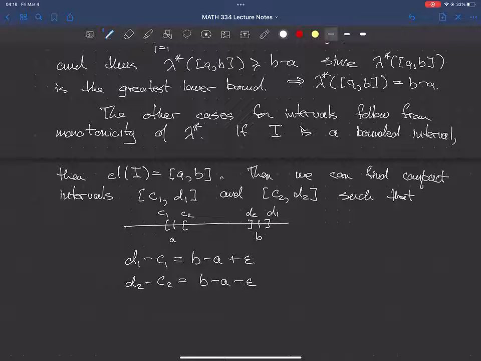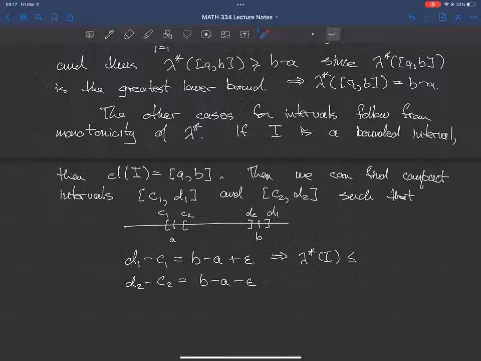The other thing that's going to be true is that lambda star of I, because my interval I has closure [a,b], is contained in [c1,d1].